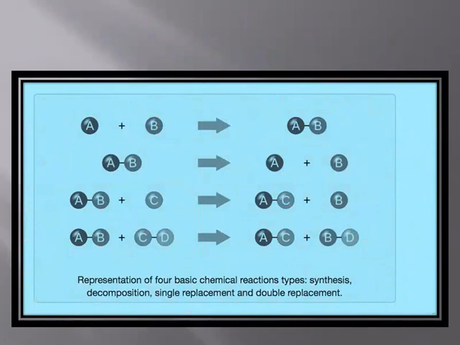This is the representation of 4 basic chemical reactions. The first one, 2 substances combine to form a new product. Second type of reaction involves one substance being broken down to form 2 new things.